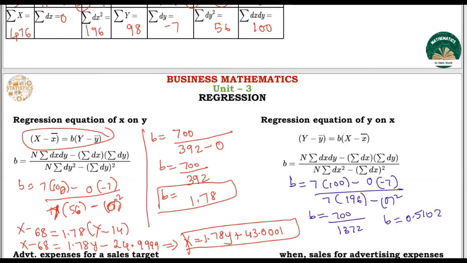If you substitute in the y formula, we get y minus y bar, which is 14, equals b, which is 0.5102, into x minus x bar, which is 68.